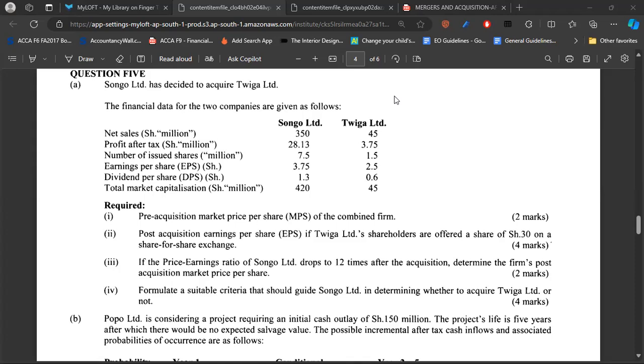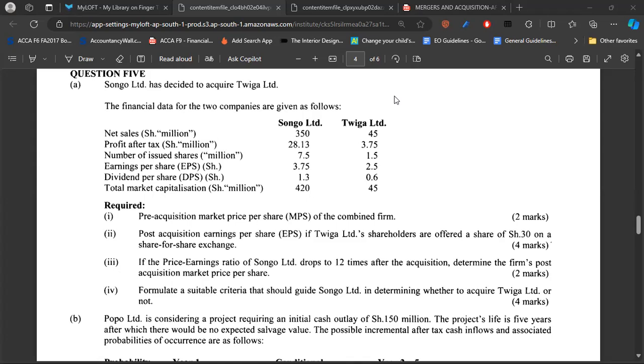If the PE ratio of Songo Ltd drops to 12 times after the acquisition, determine the firm's post-acquisition market price per share. Formulate a suitable criteria that should guide Songo Ltd in determining whether to acquire Twiga Ltd or not.